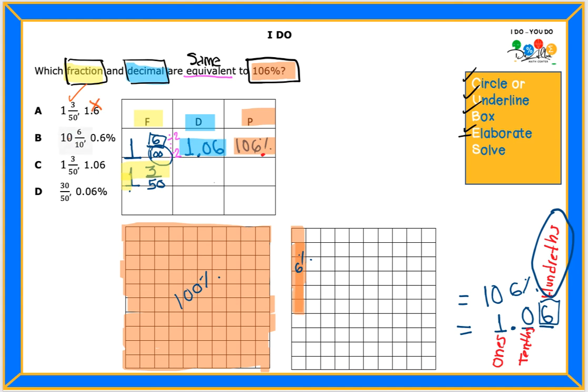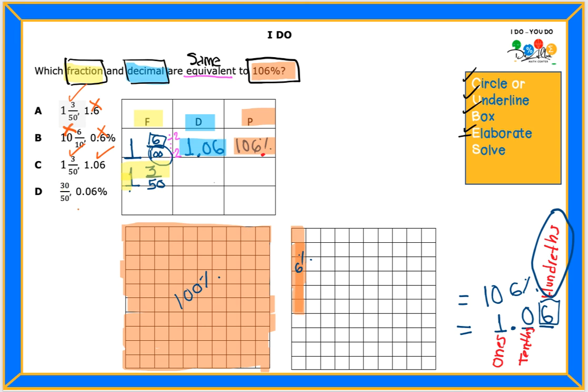The next one, no way. This one has 10 wholes. Absolutely not. And the percent I know is 106%. It was actually given. That's not right. Letter C, 1 and 3 over 50. That's working. And this one is in decimal 1.06. Yay! So looks like we found our answer.